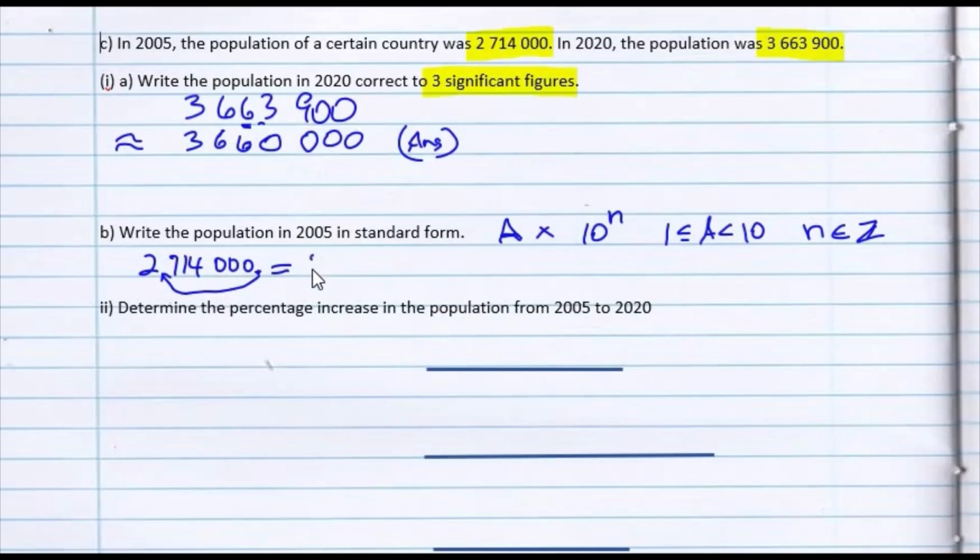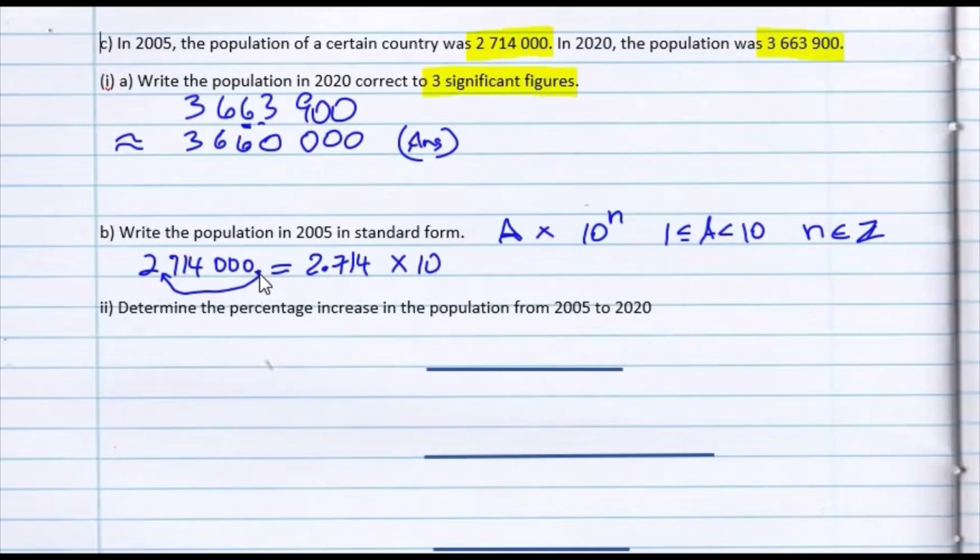And so what we have is 2.714. And if you notice, this number here is a number between 1 and 10. In fact, it's between 2 and 3. We don't need to put the zeros because the power of 10 that we'll be multiplying by will ensure that we will get back the original number.